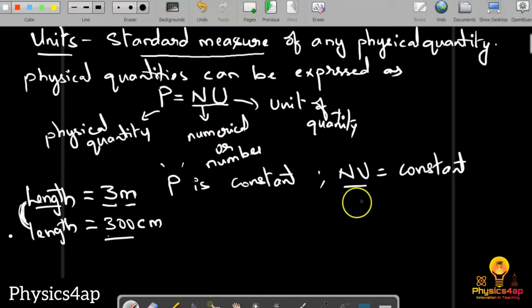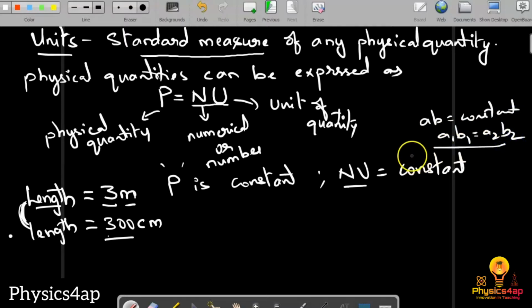Nu means the n into u, that is the number into unit, is also a constant. So according to the mathematical form, if AB is equals to constant, we can write it as A1 B1 is equals to A2 B2. So we have a formula in mathematics.